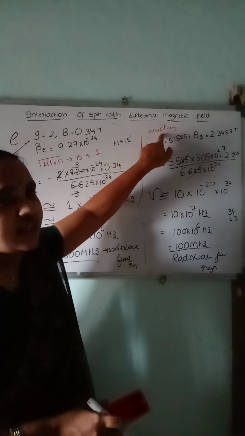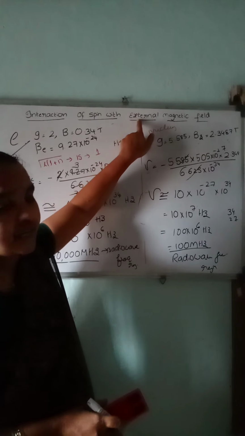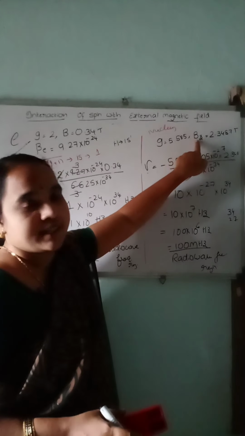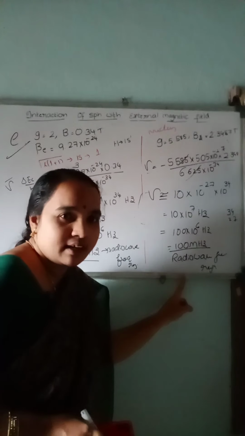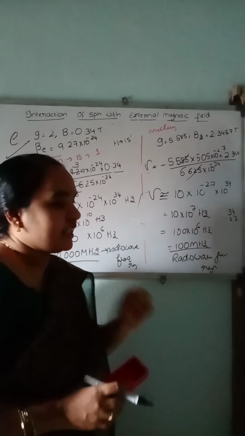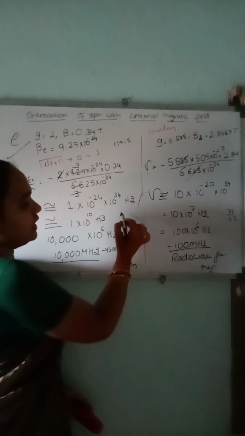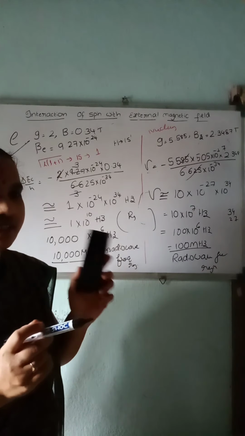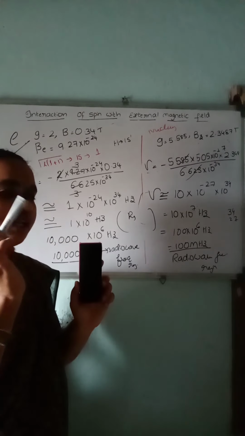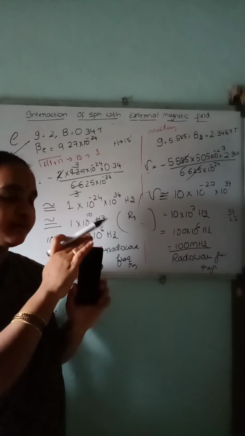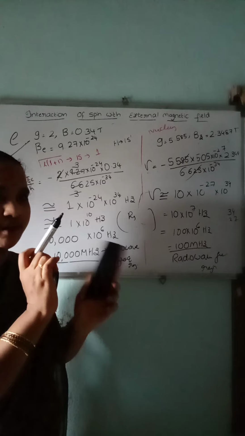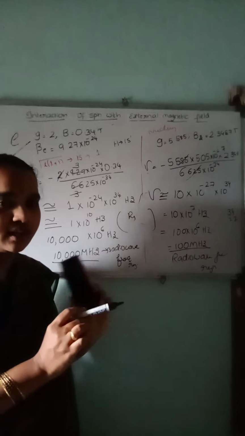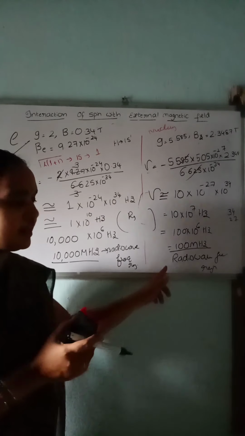Similarly, the spinning nucleus in an external magnetic field strength of 2.3487 Tesla spins with a frequency of 100 megahertz. We already know the resonance phenomenon. What is the resonance phenomenon? When the natural frequency and the incident frequency are the same, the body absorbs this frequency and vibrates. Similarly, the electrons and the nucleons are oscillating with radio frequency.